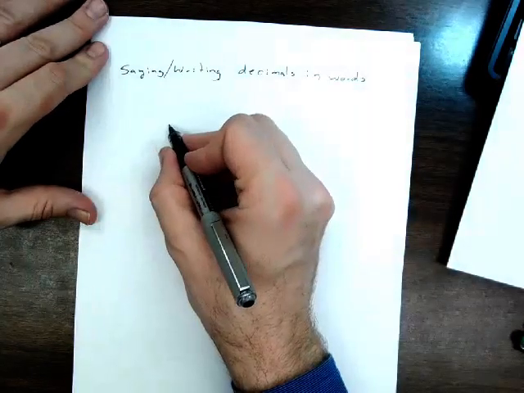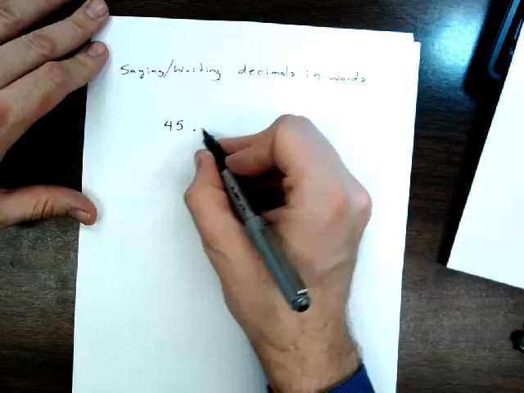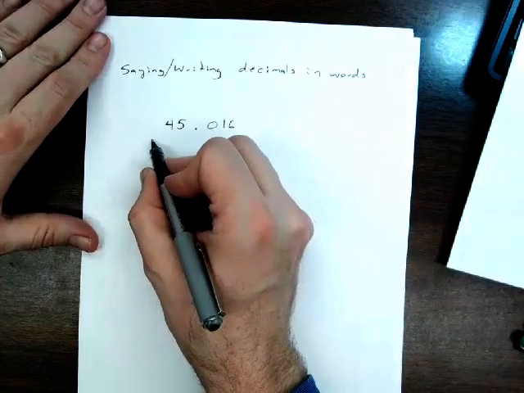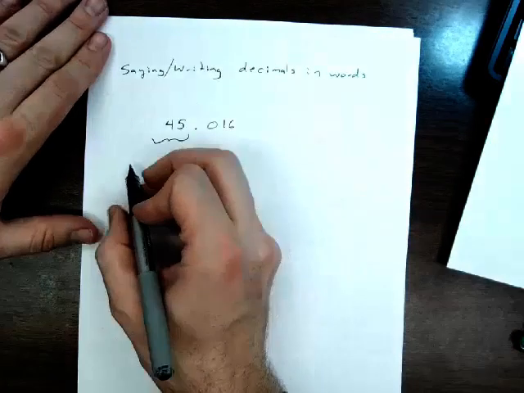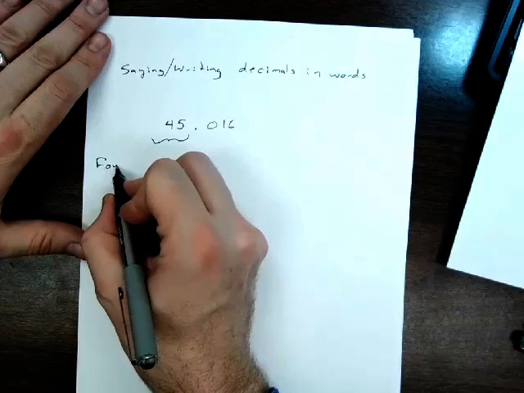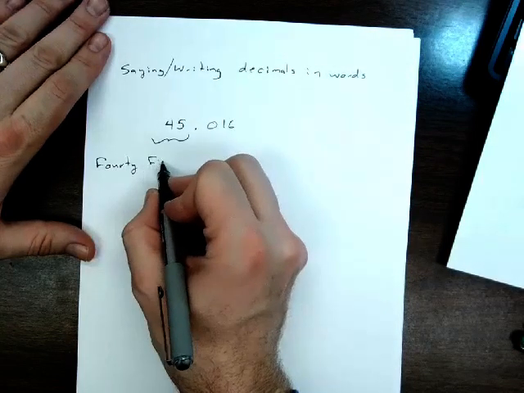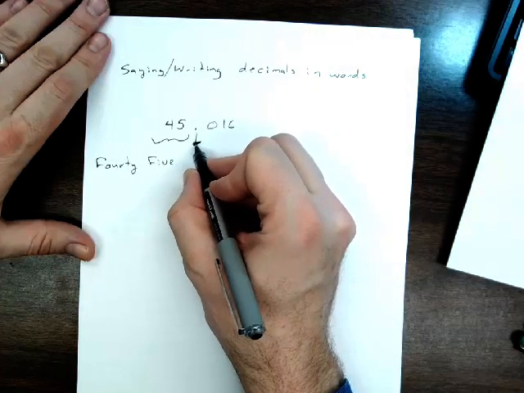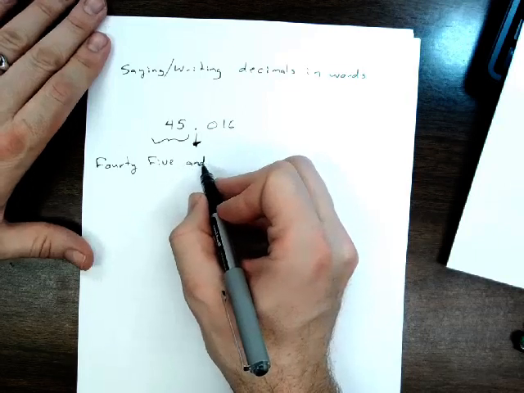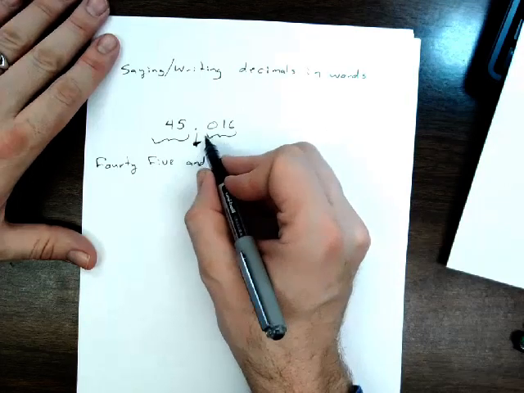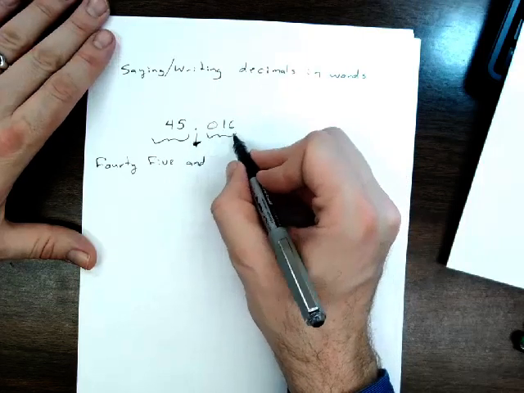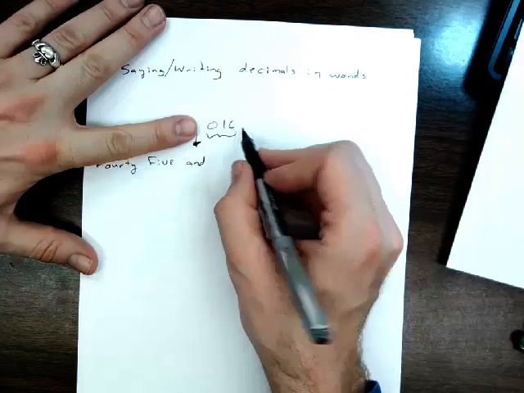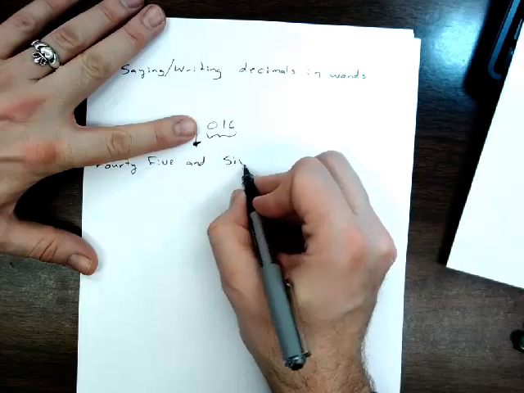So say I've got something like 45.016. How I would say this is, first we're going to say our whole numbers, and we would say that as 45. Our decimal point, we actually are going to use the word and. And then what we do is we're going to say what number this would be. This would be just a 16, so this would be 16.